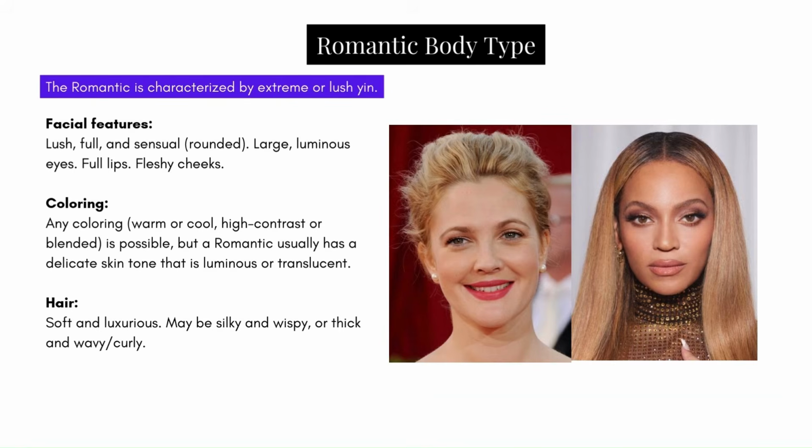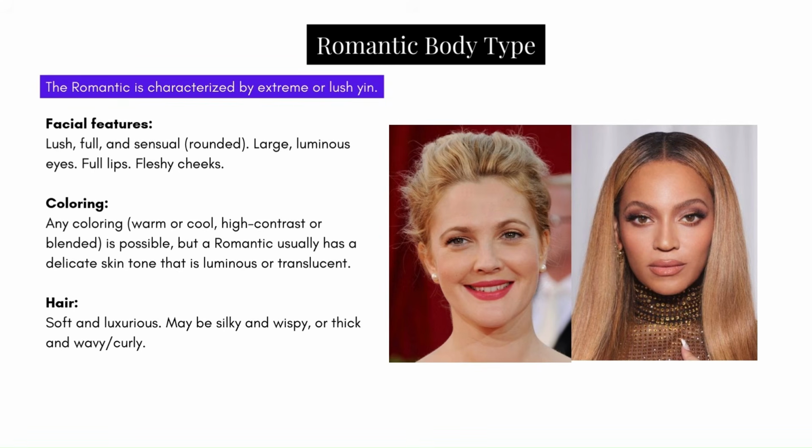Facial features. Lush, full and central and rounded. Large, luminous eyes. Full lips. Fleshy cheeks. Coloring. Any coloring, warm or cool, high contrast or blended, is possible, but a romantic usually has a delicate skin tone that is luminous or translucent.